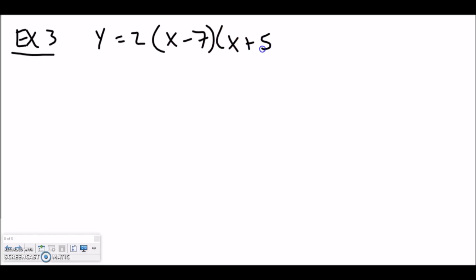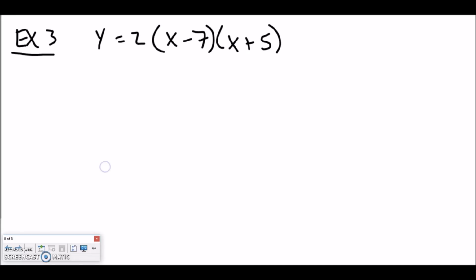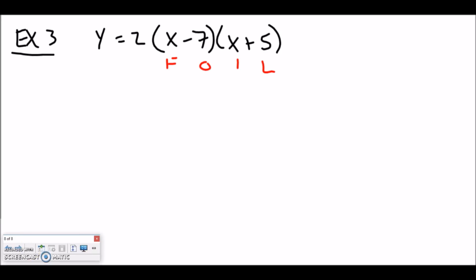And what you should notice right away is we're not in vertex form from the last section, and we're not in standard form, which we've been doing, ax squared plus bx plus c. So we need to change this to get this in the standard form. And how are we going to do that? My favorite term, FOIL. So let's FOIL what's in the parentheses: x times x is x squared.